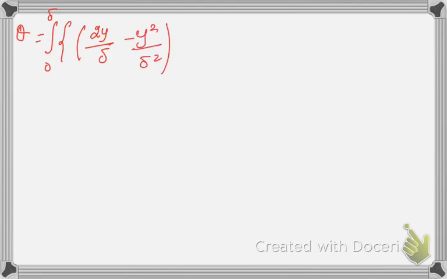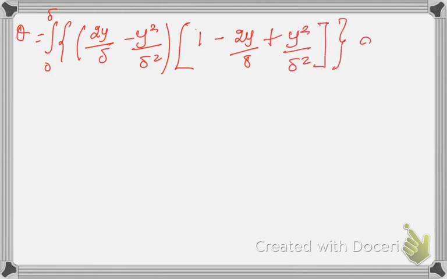So theta will be equal to integral 0 to del, putting the flower bracket, which is 2y by del minus y squared by del square, into 1 minus, I am taking the minus sign inside, 2y by del plus y squared by del square, closing the flower bracket, into dy.